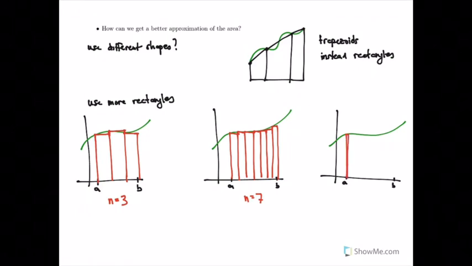What if I used a lot of rectangles, and there seems to be no difference in between the function and the rectangles themselves when I have this many.